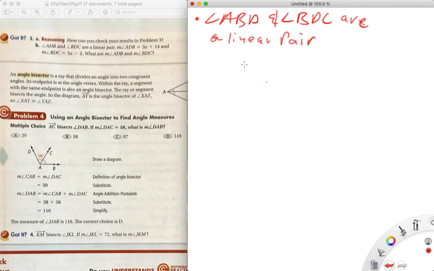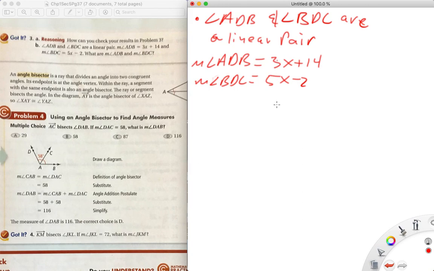I'm told that the measure of angle ADB is equal to 3x plus 14, and I'm told the measure of BDC is equal to 5x minus 2. So they want to know the measure of the angles.